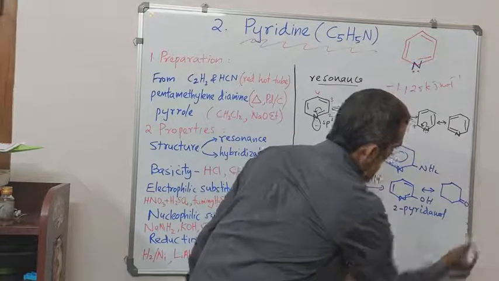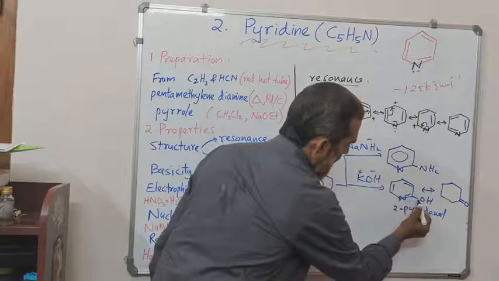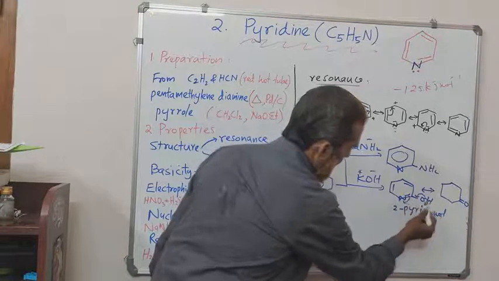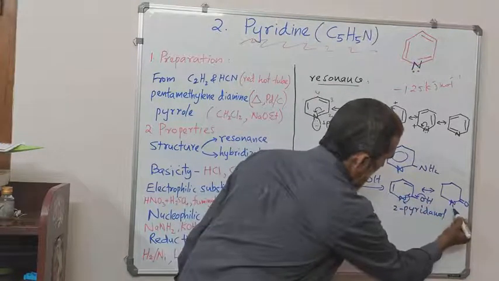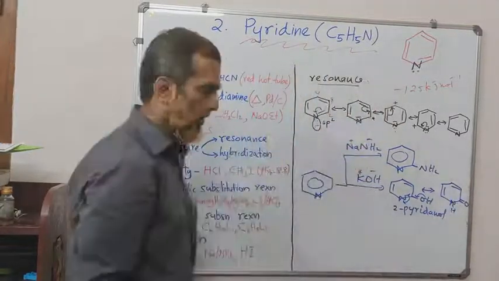This becomes a double bond. See, this bond can shift here, and this one here, and H migrates to this nitrogen. So this is called 2-pyridone.